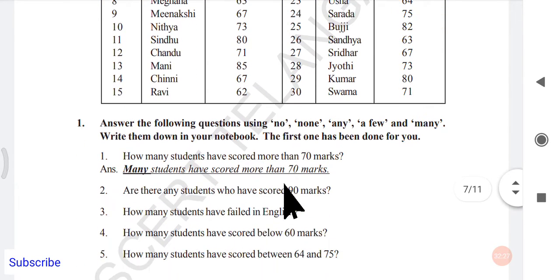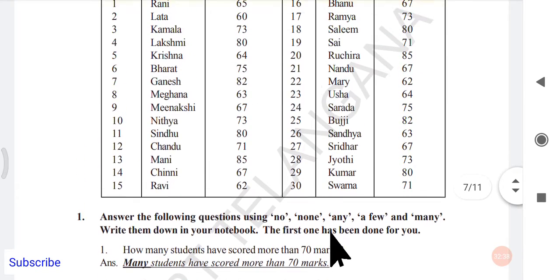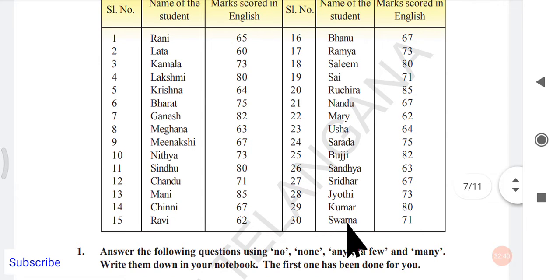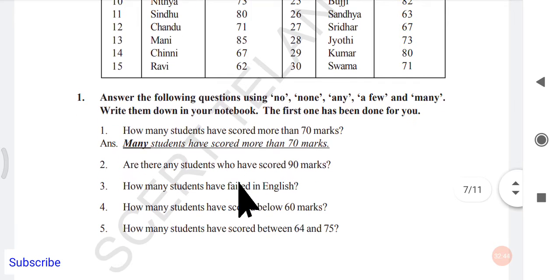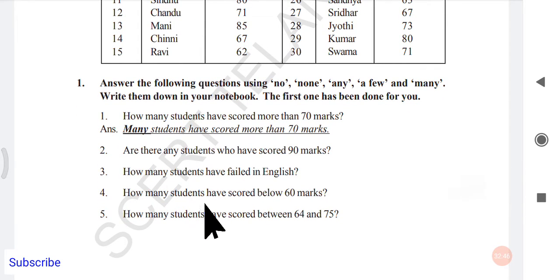So we can simply say no student or none of the students has scored below 60. So just we shall cross check it. Nobody here. So we can say none of the students has scored below 60 or no student has scored below 60.